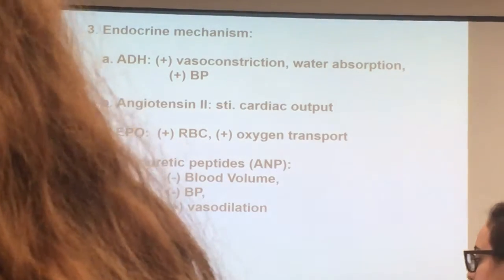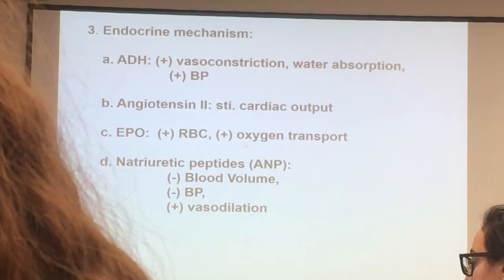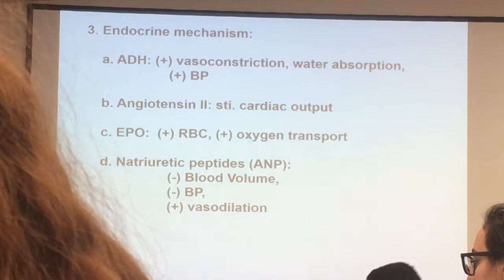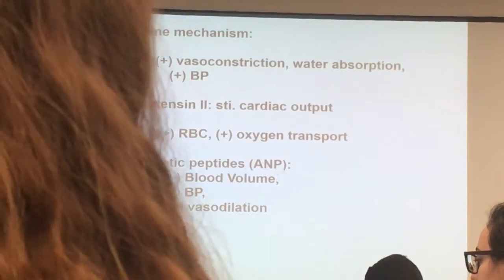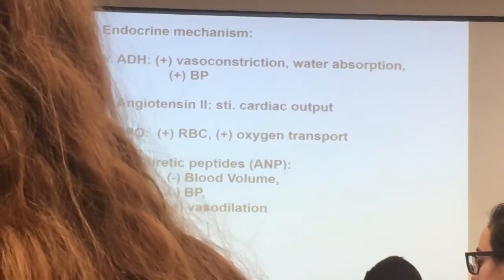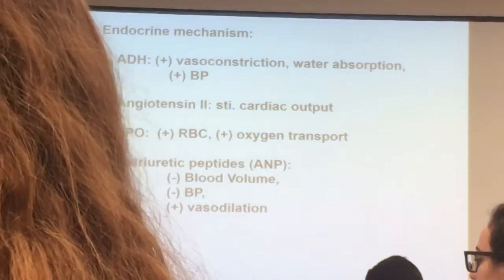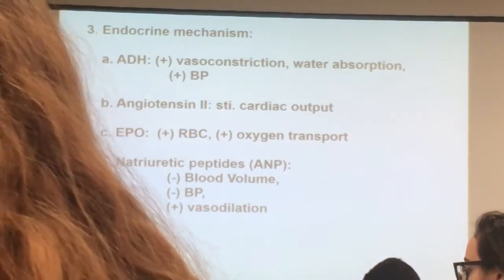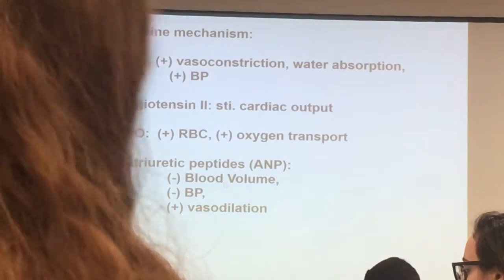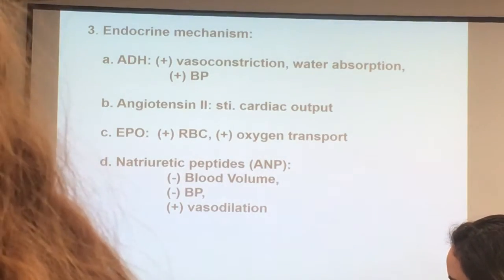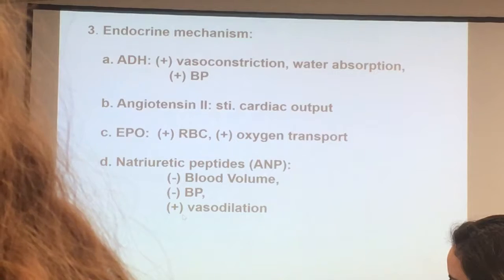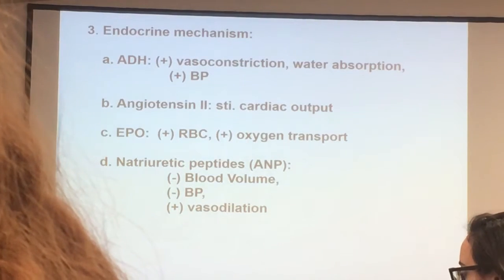EPO will make more red blood cells. This one is not related to volume, but increases the oxygen transport. But ANP, atrial natriuretic peptide, is the reverse. It carries off more water, more urine, so it decreases blood volume, decreases blood pressure, and causes vasodilation.